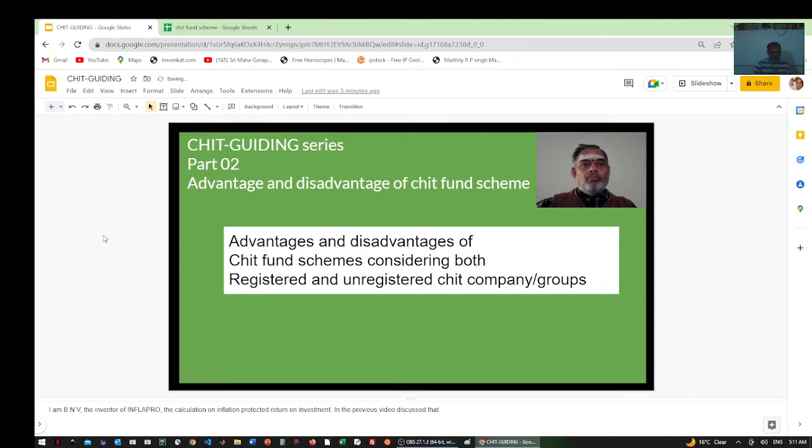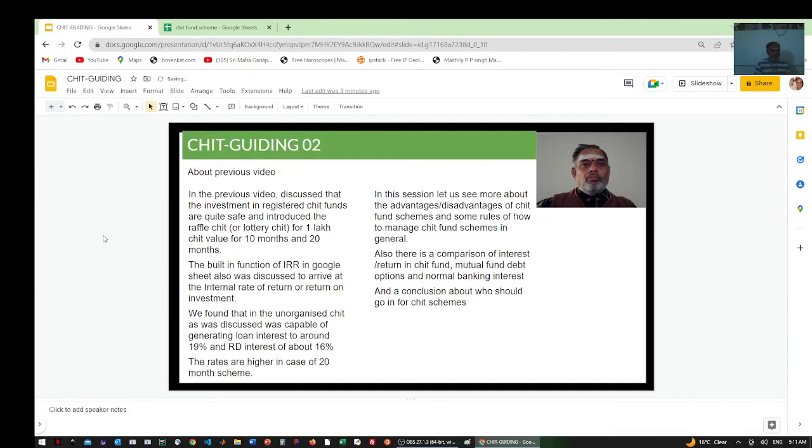In the previous video, we discussed that the investment in registered chit funds are quite safe and introduced the raffle chit or lottery chit for 1 lakh chit value for 10 months as well as 20 months. The built-in function of IRR, that is internal rate of return, which is the measure of rate of return on investment in Google Sheet, was also discussed to arrive at the internal rate of return.